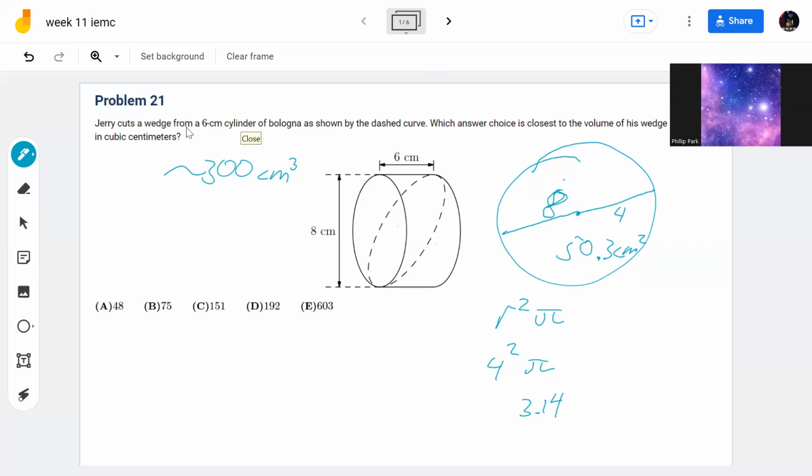Think about how much this would actually be if it's cut like this. Would it be half? Would it be 3/4? Think carefully about the shape and how it's not so different from being cut in half.